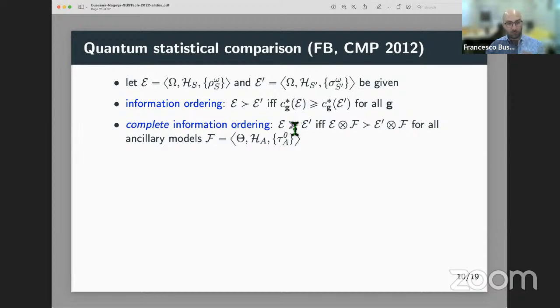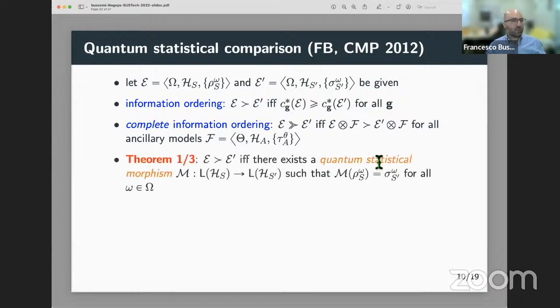So E is completely more informative than E prime if and only if E times F is more informative than E prime times F for all ancillary models F. So you see that this F is just some third quantum statistical model that I can use together with what I have. And so the idea is that it is not enough to compare E versus E prime, but I should also compare the performances of E with something else versus E prime with the same extra resource.